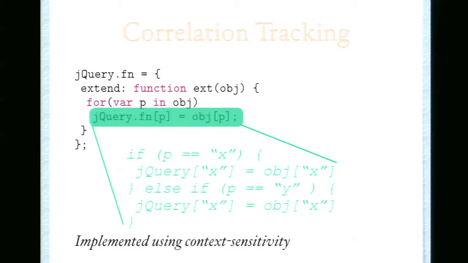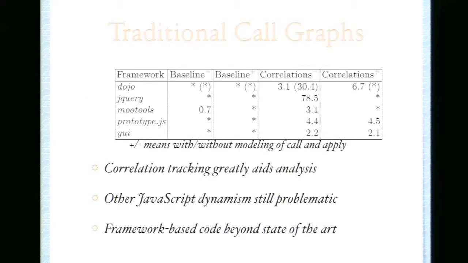But the point is that for each value x, now I'm copying x. If I analyze it that way, I avoid the pollution because I understand the properties of obj sub x go to jQuery sub x, but the properties of obj sub x don't go to jQuery sub y. So that's, in a nutshell, what correlation tracking did. And that was the first thing we tried to do to make the analysis a little bit better.